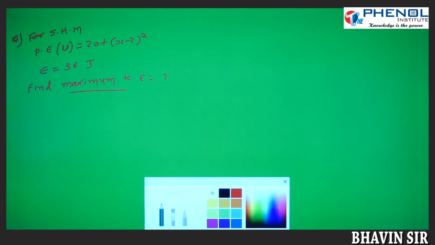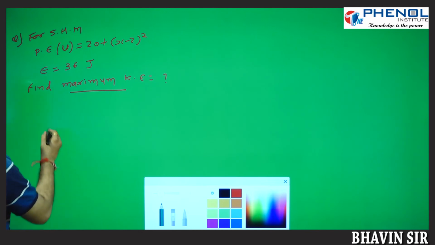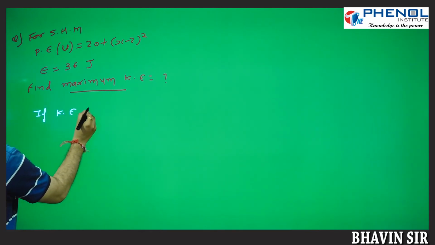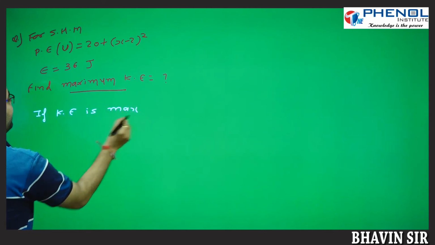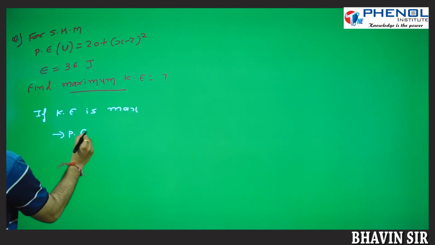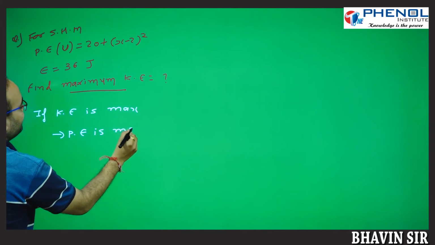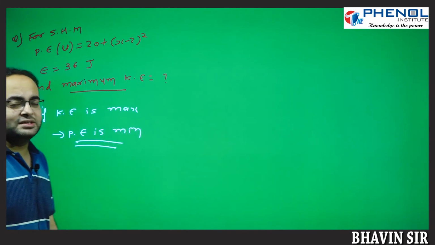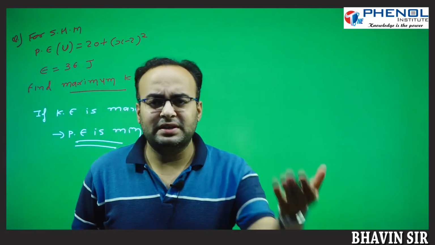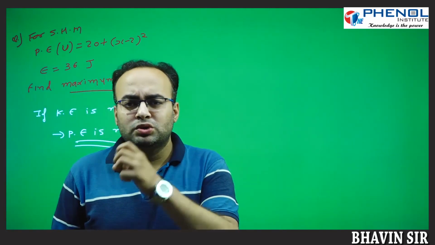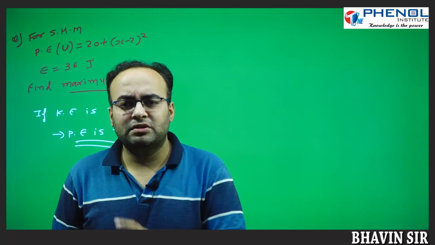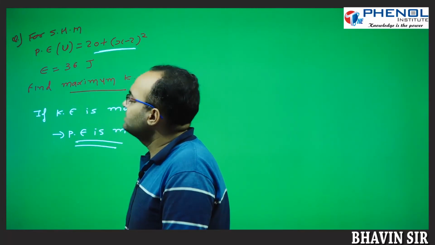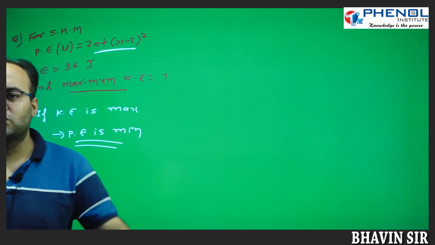So see, students, if kinetic energy is maximum, then potential energy is minimum, because if kinetic energy is maximum, then potential energy is of course minimum. Now the equation of potential energy is given: 20 plus (x minus 2) whole square.